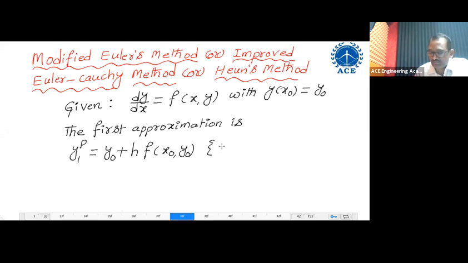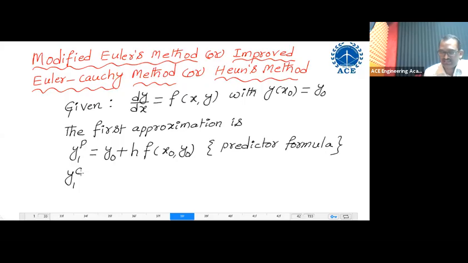P means predictor. P means predictor, means guessing. Predictor formula. We are just predicting the first approximation. So that is prediction only, not final value.